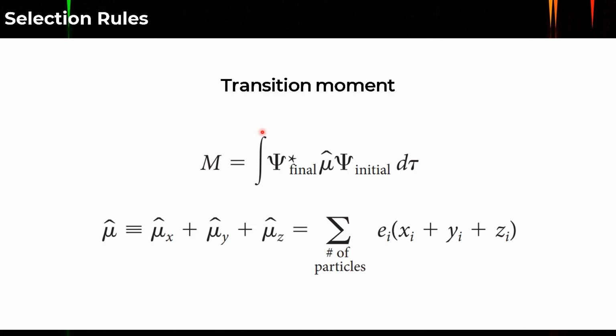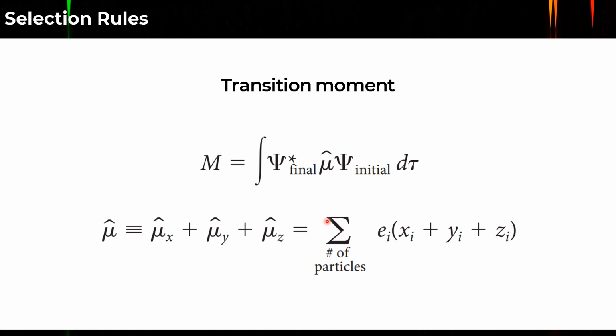Quantum mechanics defines a specific expression called a transition moment, in which irreducible representations can be applied. For an absorption or emission of a photon, the transition moment M is defined as the integral of the final state and initial state, in which mu hat is the electric dipole moment operator. e is the charge of the particle, and x sub i, y sub i, and z sub i are the coordinates of the particle.